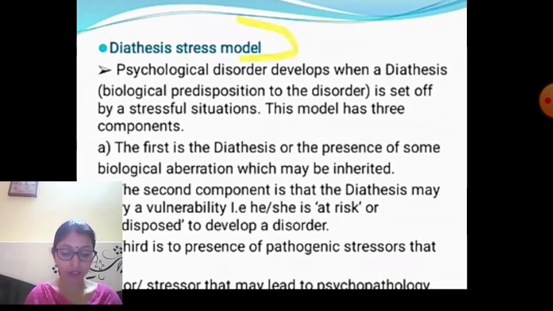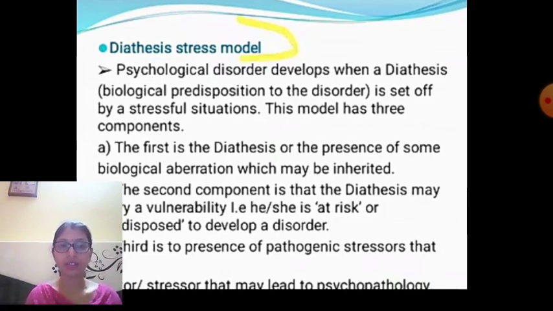The third component is the presence of pathogenic stressors, that is the factors or the stressors that may lead to psychopathology. So if such at-risk persons are exposed to these stressors, their predispositions may actually evolve into a disorder. This model has been applied to several disorders including anxiety, depression and schizophrenia.